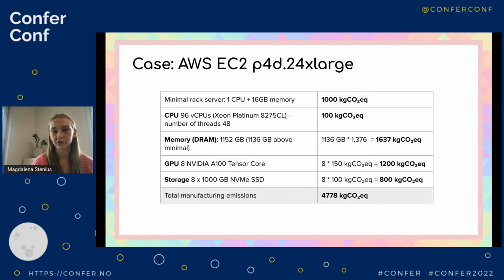And then we have some extra storage. From this, we can find that the total manufacturing emissions of this type of machine amount to 4,778 kilograms of CO2 equivalent. And keep in mind that this machine can then be used over a span of approximately 4 years.